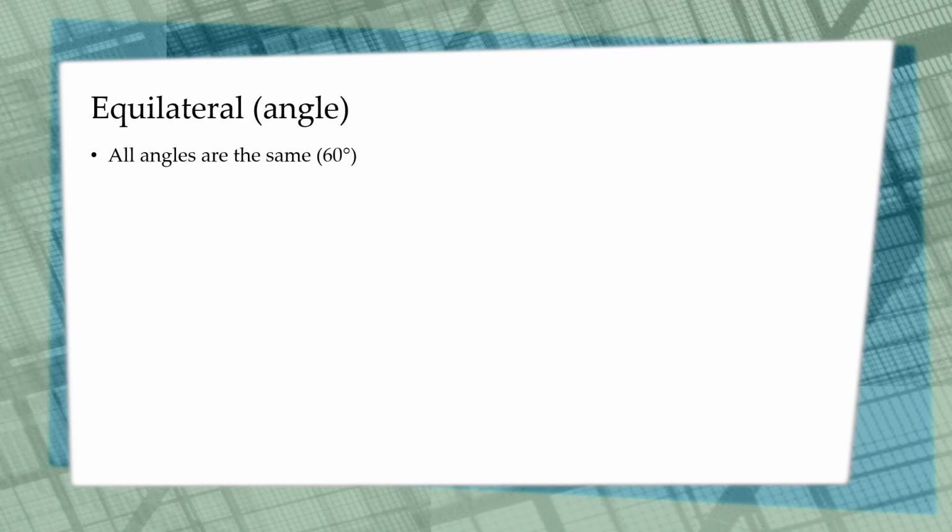We talked about equilateral triangles when it came to side length. Now we're ready to talk about equilateral triangles and their angles. So remember, an equilateral triangle has those tick marks on its sides because all the sides are the same length. And then we're also going to see on an equilateral triangle these little arcs, if you will.